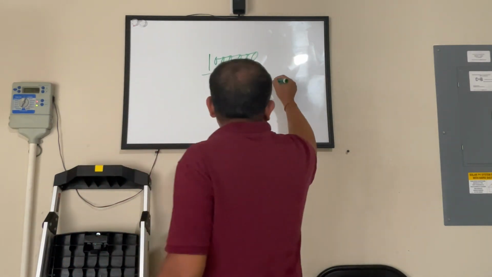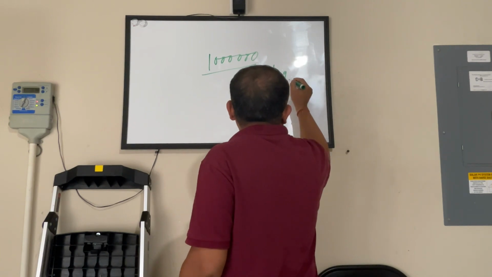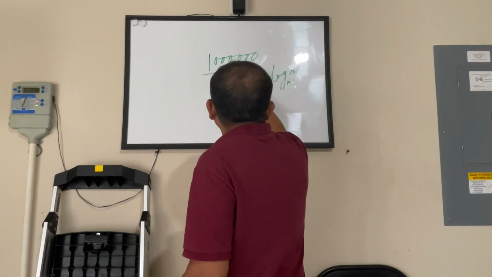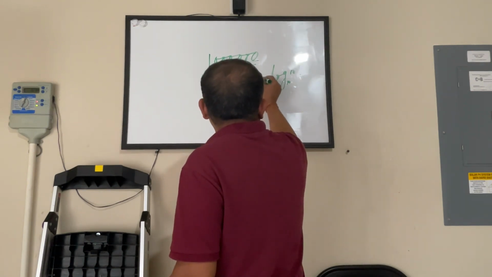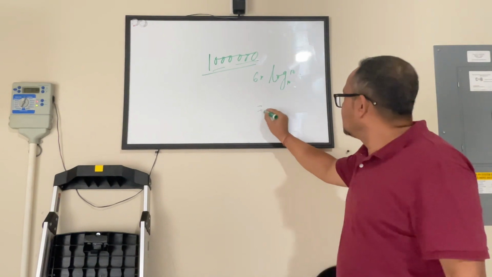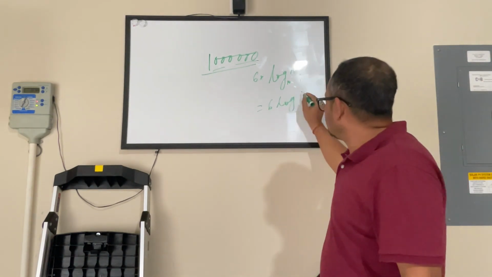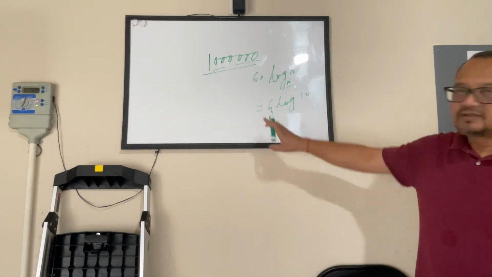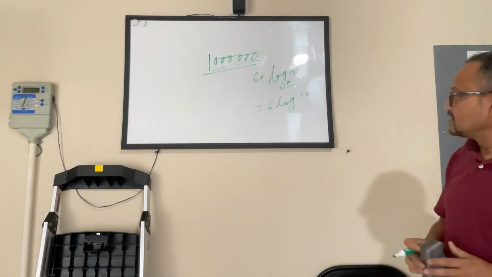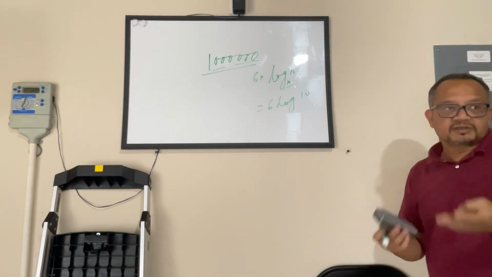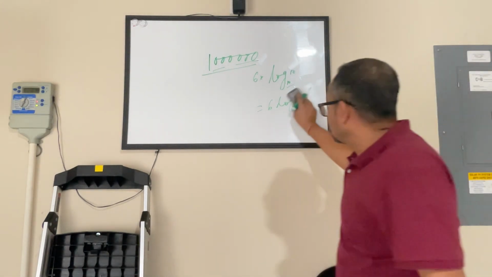Log gives you a shortcut. Or you will say 6 log 10, because if I am not mentioning the base, default base is 10. So this is it. It's another way of representing the number. It gives you a different mechanism for calculation. That's it. Nothing more.